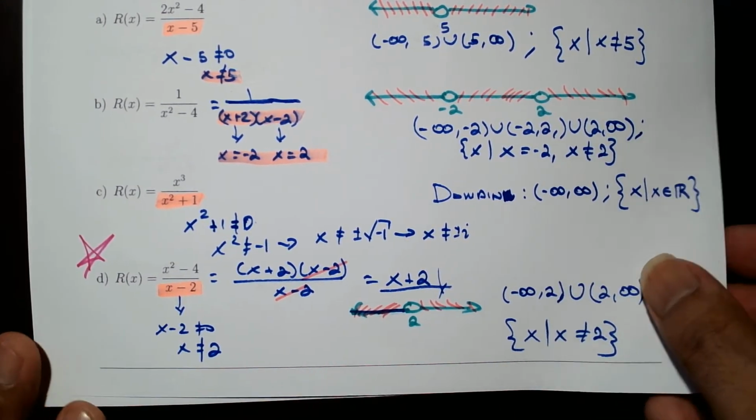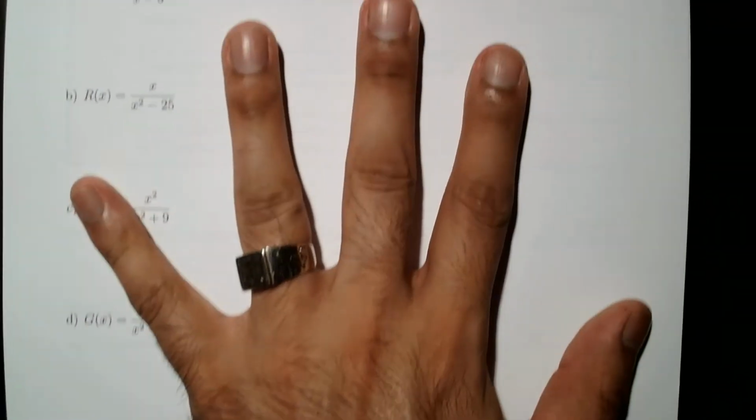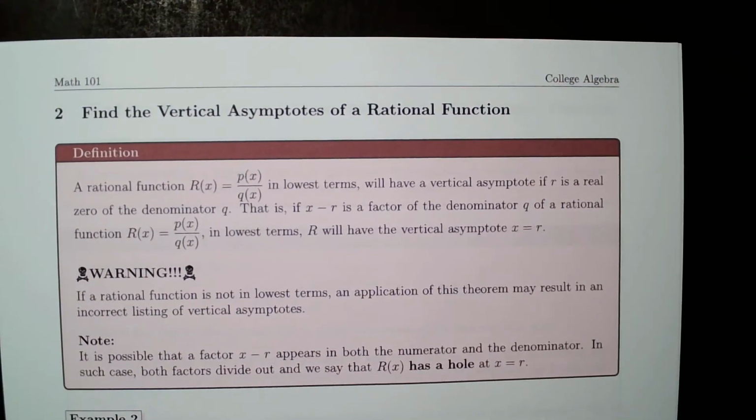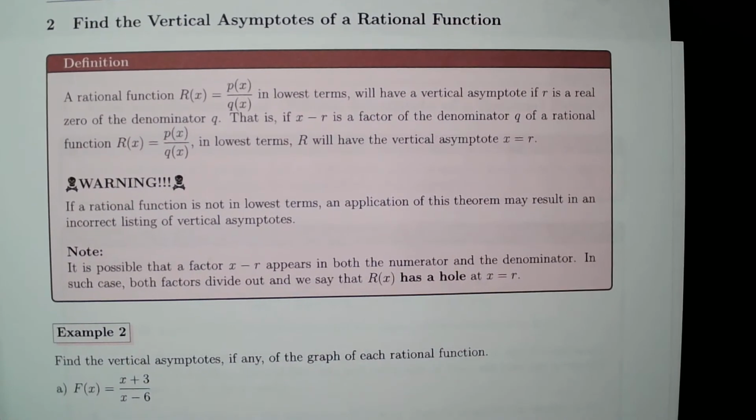Alright, let's move on to the next page and find asymptotes: vertical asymptotes first, and then horizontal and or oblique asymptotes. So we need to have a rational function in the lowest terms possible.